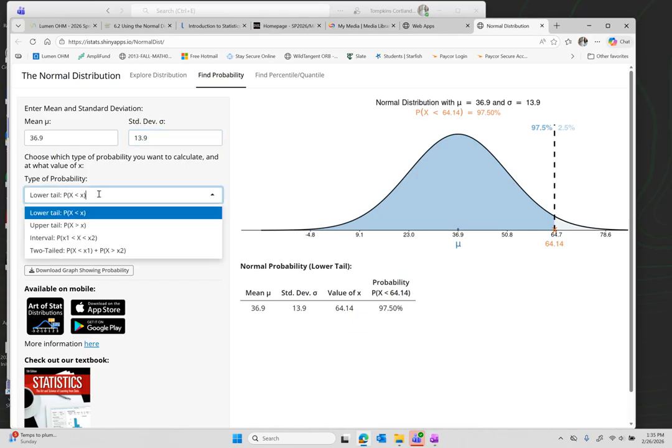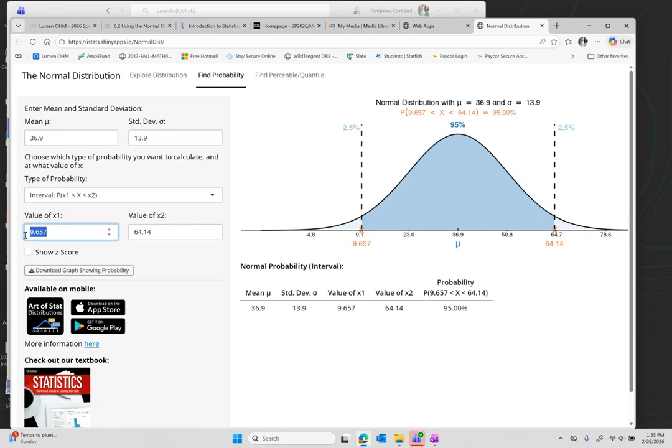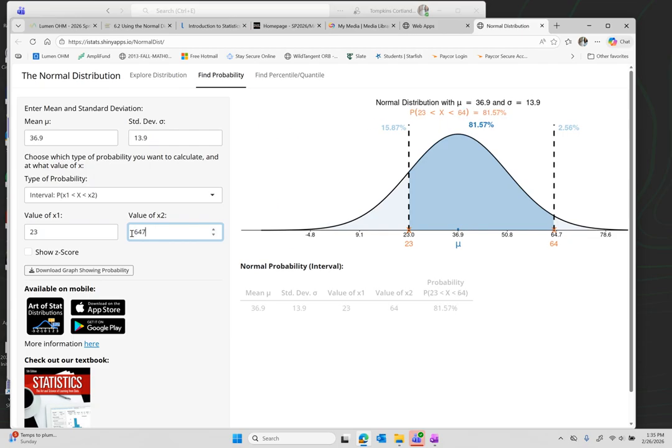So I'm looking for an interval probability. The lowest value is to be 23, and the upper bound of the interval is to be 64.7. Not 647, but 64.7.